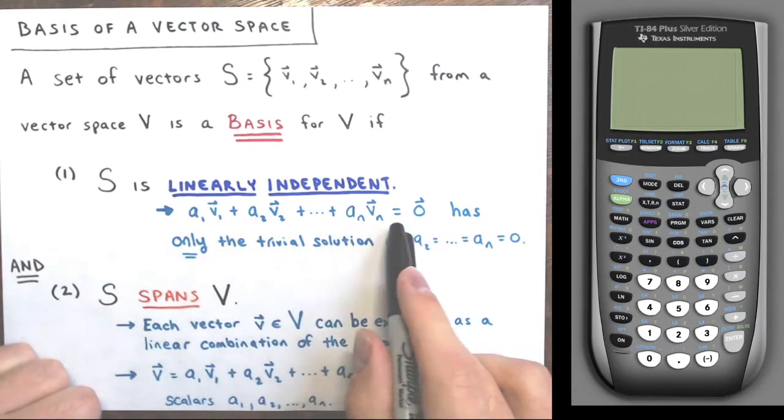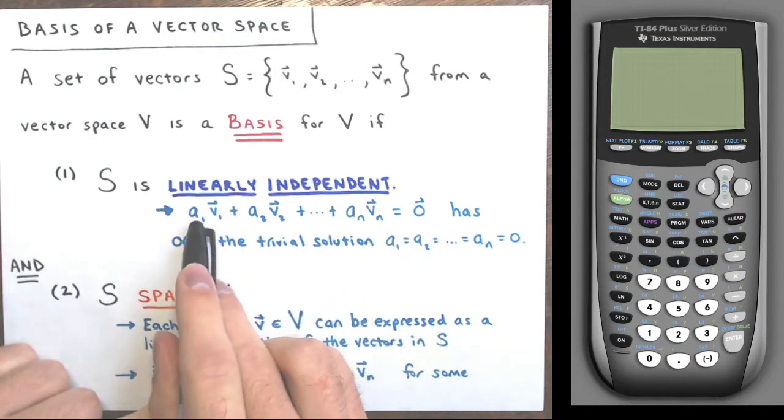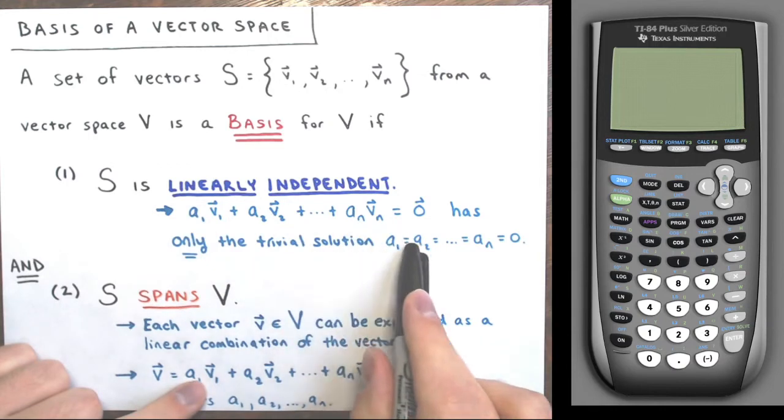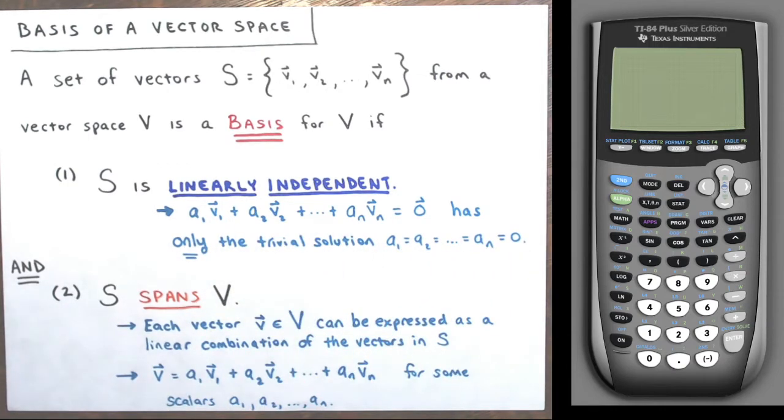If this equation has only the trivial solution, meaning all the scalars are 0, then the set of vectors is linearly independent. You cannot write any of the vectors in the set as a linear combination of the other vectors in the set.